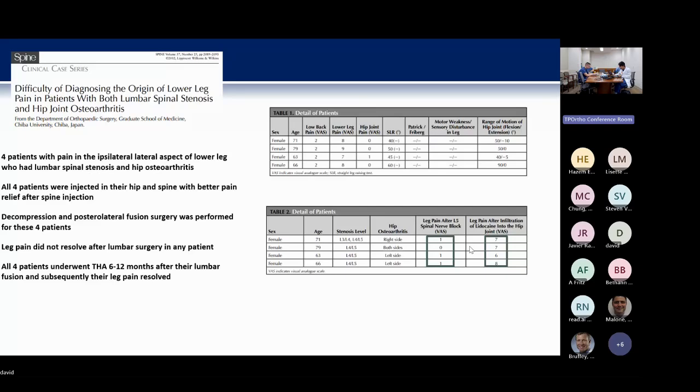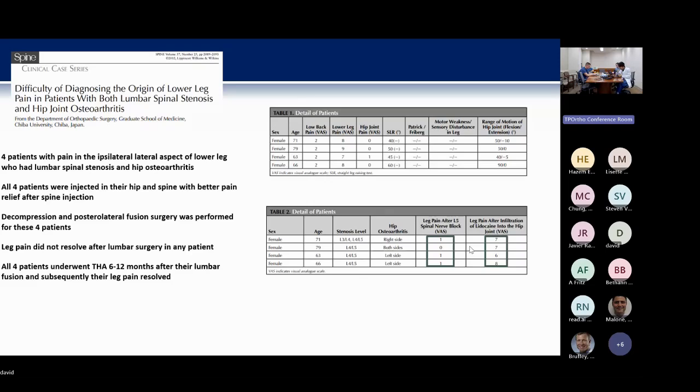So an effective intra-articular injection, but then they didn't have any improvement in symptoms with decompression and fusion. So that's sort of contrary to what you'd think. All 4 of these underwent total hip, and after the total hip, they experienced resolution of their leg pain.